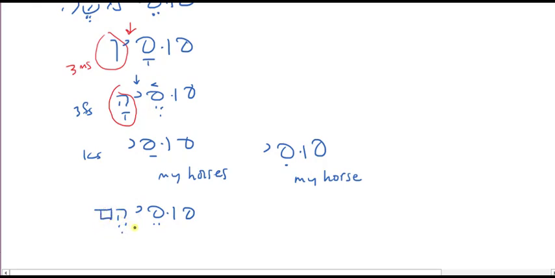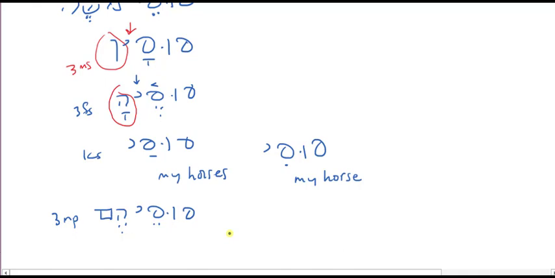Remember, chem with a kaf is you masculine plural. Hem with a hey is they masculine plural. So that's the 3mp pronominal suffix. Susehem. Here we actually do see the sere yod of the construct. The horses of them, which is to say their horses. All right. So those are the forms.